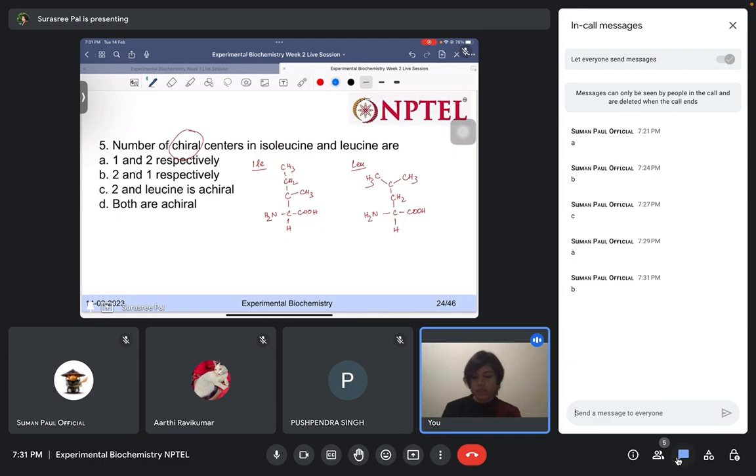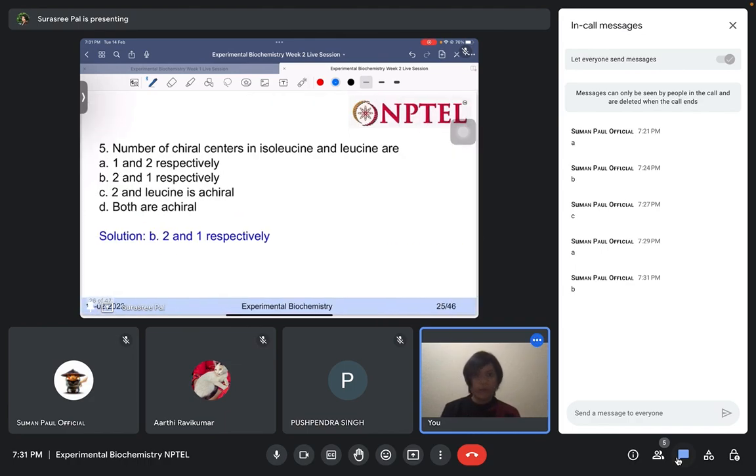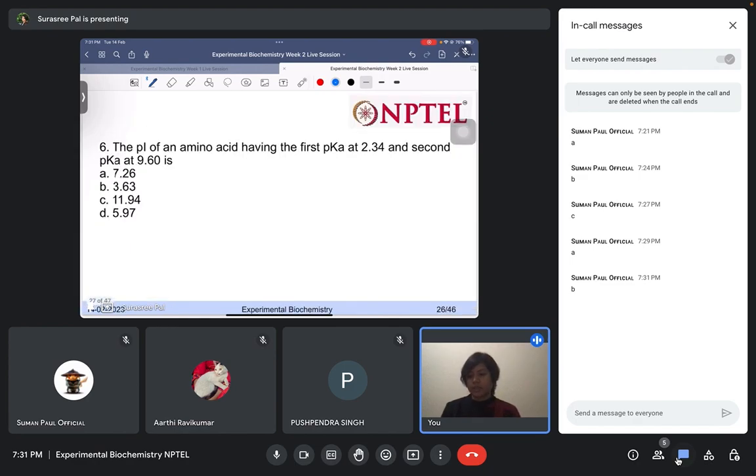In isoleucine, this one is the first chiral carbon, and this is another chiral carbon, right? So isoleucine has two chiral carbons, and in leucine, the only chiral carbon is this one, the alpha carbon, right? So the number of chiral carbon is 1. So the correct answer is B, 2 and 1. Okay. All right. Moving on to the next question.